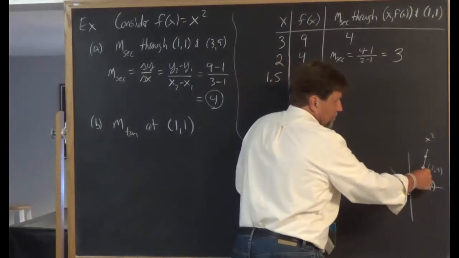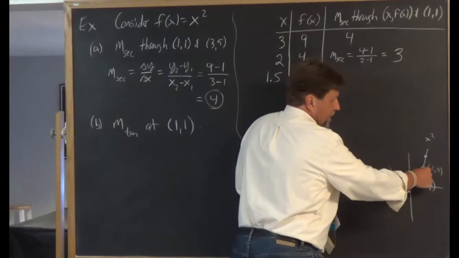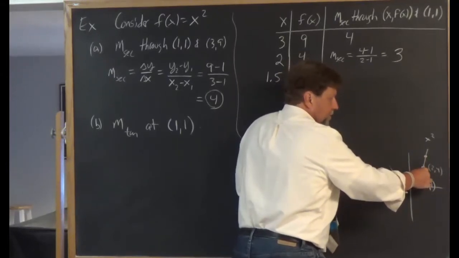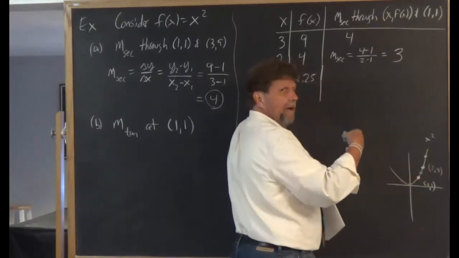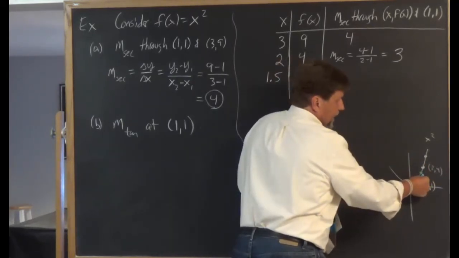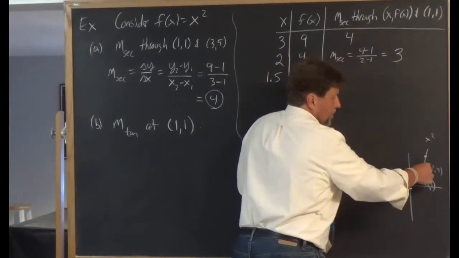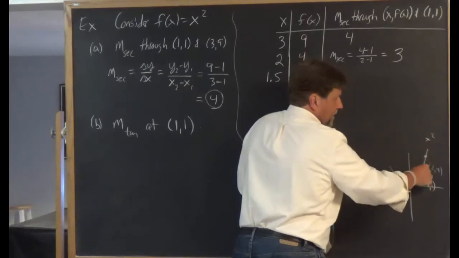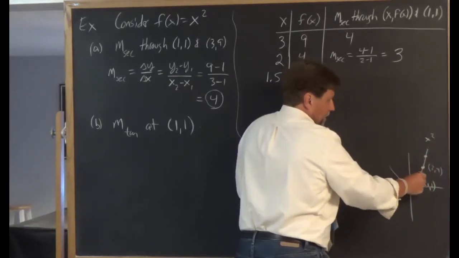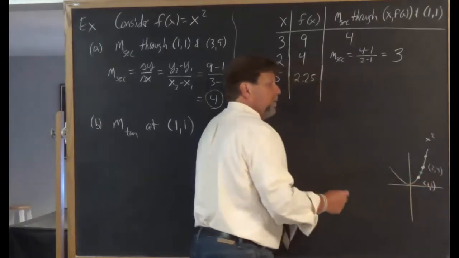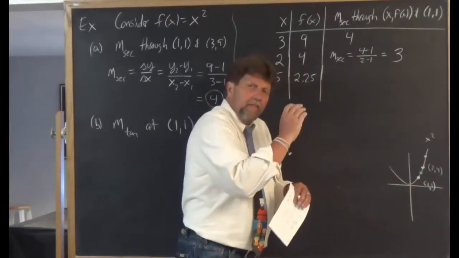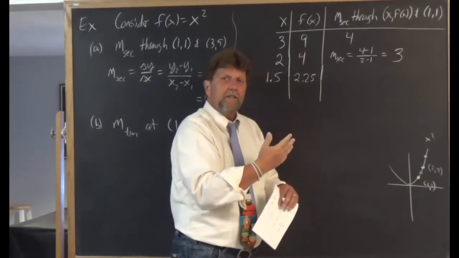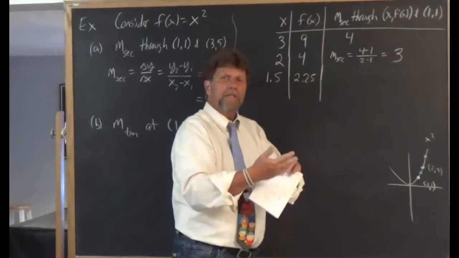I'm going to find the slope of the secant line through those 2 points. I think it will be a better approximation to the tangent line slope than through the points (1, 1) and (2, 4) or (1, 1) and (3, 9). As I get a second point closer and closer to the point of tangency, (1, 1), I think those secant line slopes will get closer and closer to the tangent line slope.